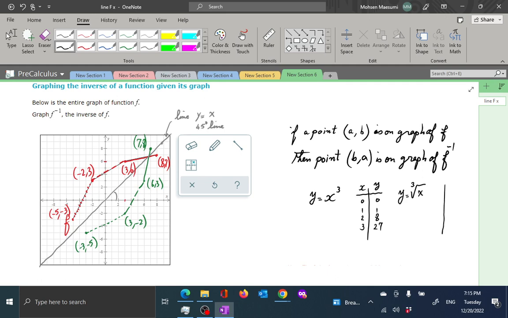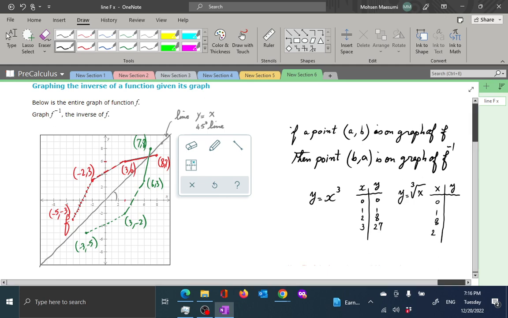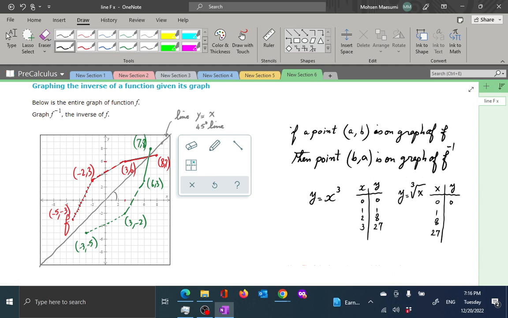What's a table for this one? If I have x and y, instead of using these numbers, which is going to make me get stuck finding cube roots of some rather unfriendly numbers, we might as well use these. It's going to be easier if I use 0, 1, 8, 27. The cube roots of these are going to be 0, 1, 2, and 3.